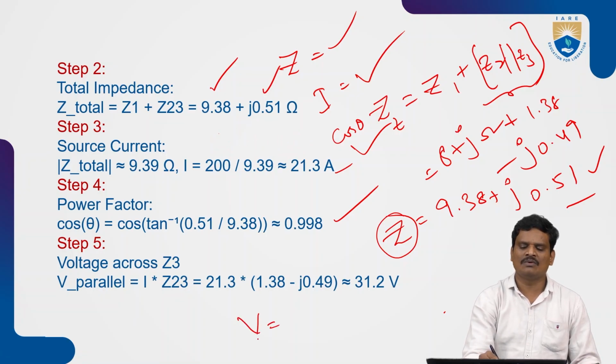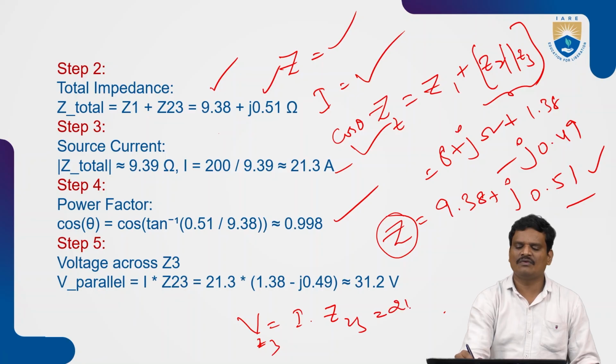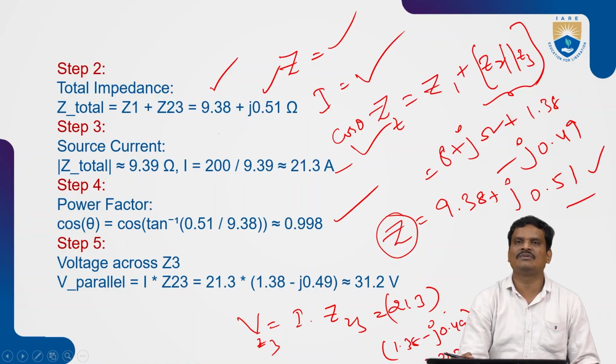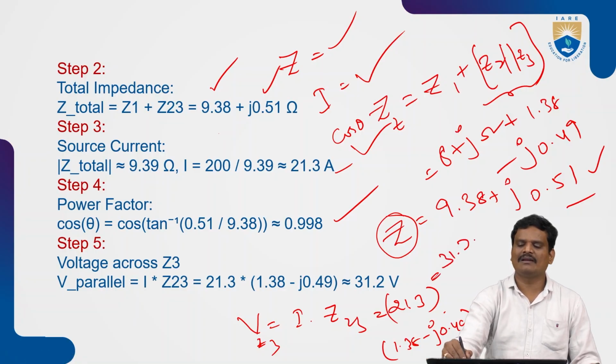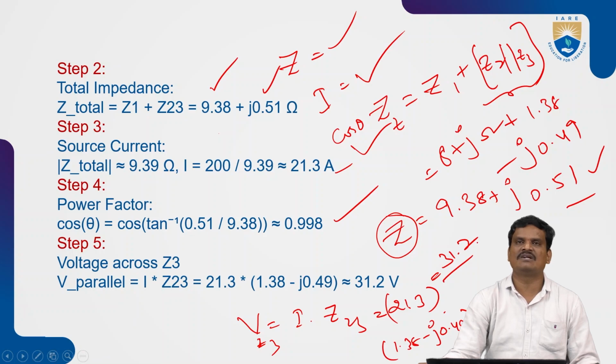So V at Z3 branch equals I into Z23. I know the value of current, 21.3, and the value of Z23, 1.38 minus J into 0.49. It will give the value of V23 as 31.2 volts.